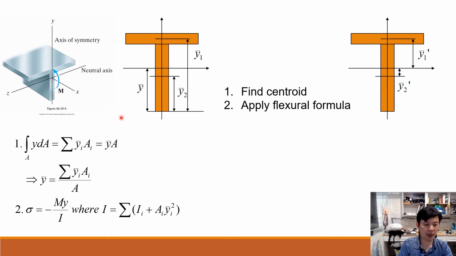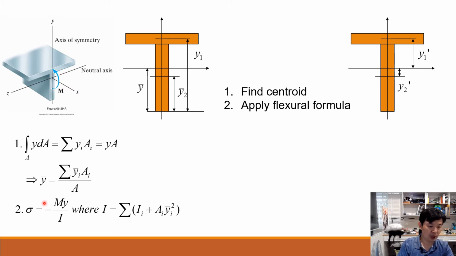We substitute back and multiply with each part's own area. Then after we sum that, the total area A is the summation of these two areas, times the unknown y bar where our centroid is. Then our process can give us the real value of y bar, where our neutral axis is located.